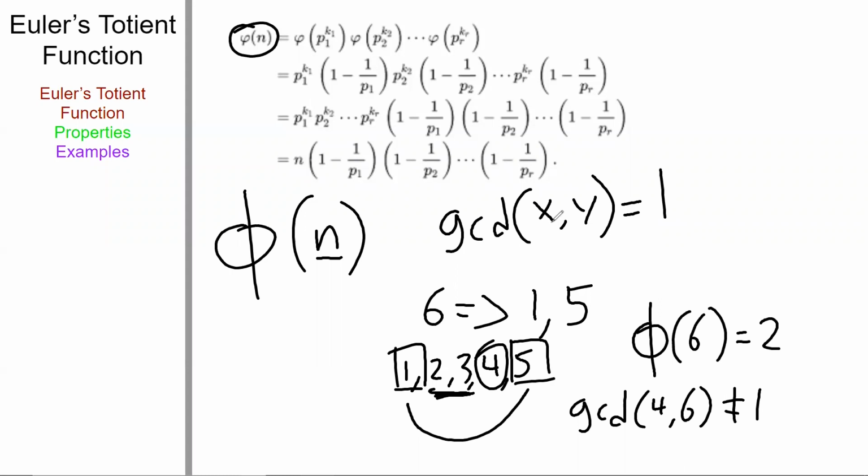And GCD means greatest common divisor. The reason 1 is actually included is because if you plug it into our function GCD of x comma y, you would find that the GCD of 1 and 6 is actually equal to 1. So that's why the number 1 is included.